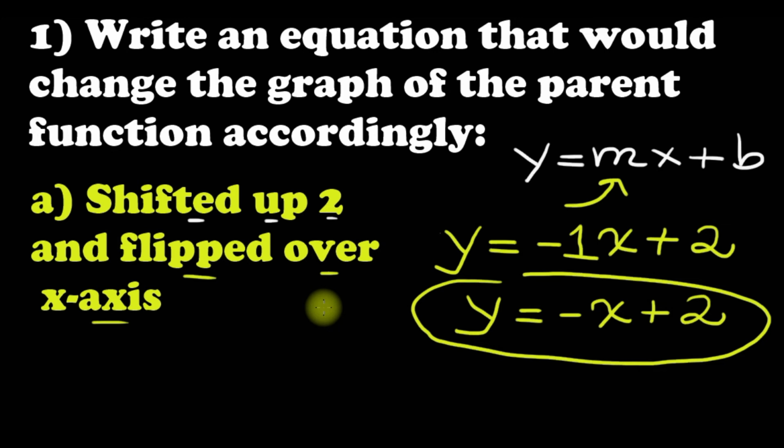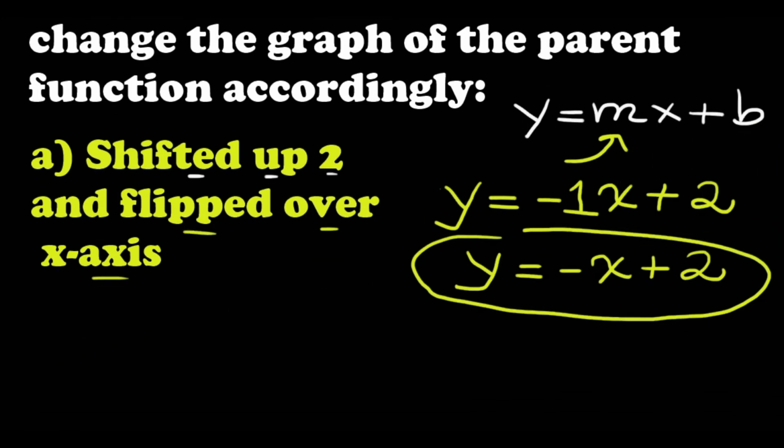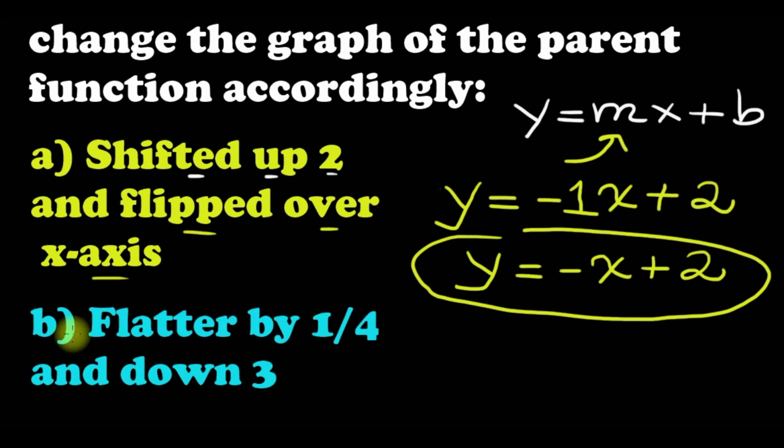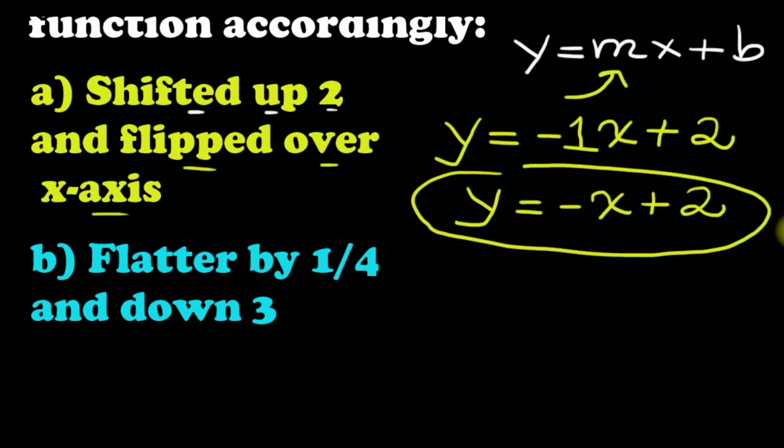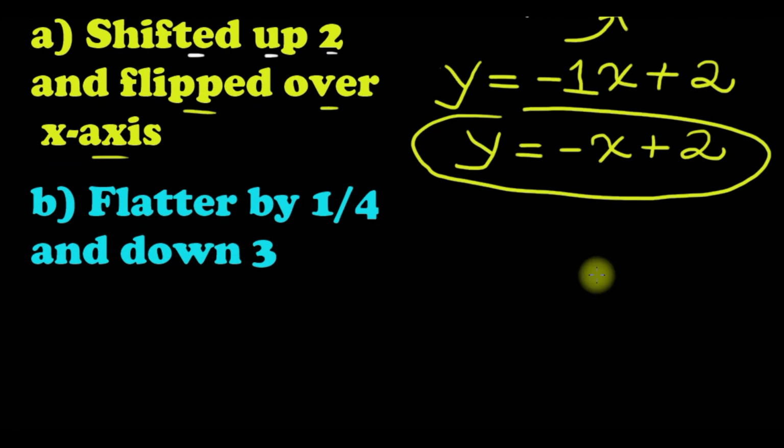Let's take a look at another one. So this one, the transformation is flatter by 1/4 and then down 3. So how do we come up with an equation, flatter by 1/4 and then down 3?